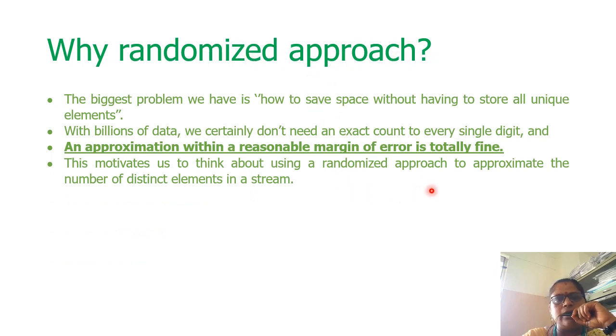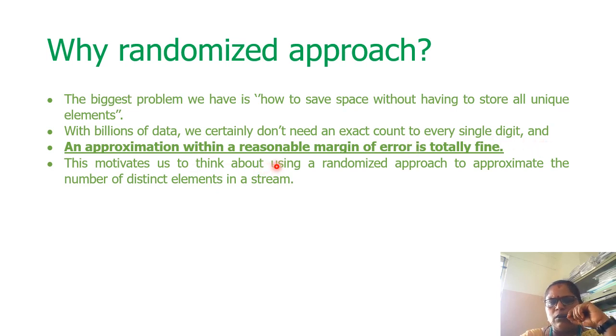Before seeing the algorithm, let us know why we are going for a randomized approach. The biggest problem we have is how to save space without having to store all unique elements. I don't want to save all the unique elements because I want to save space. I have billions of data items. We are not worried about the exact count to every single digit.